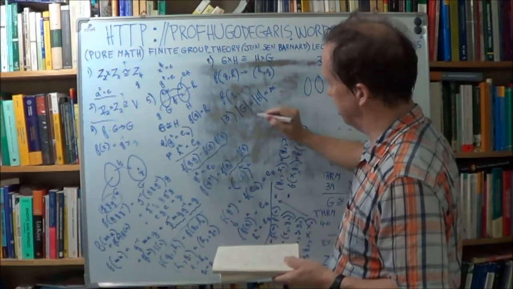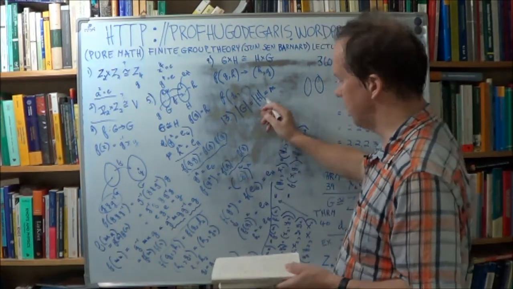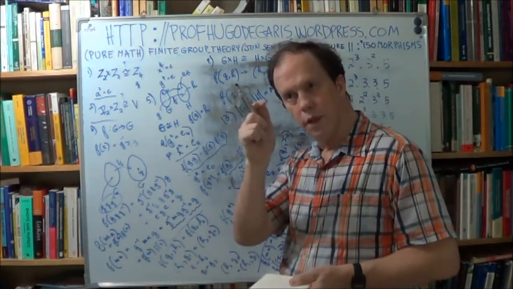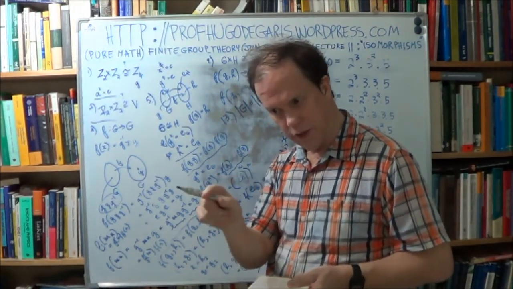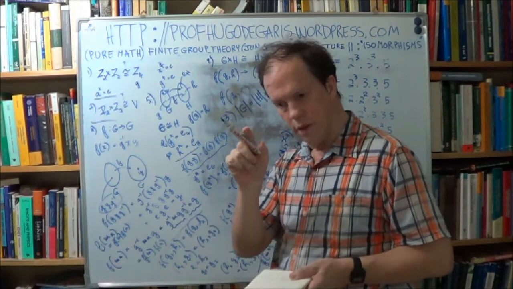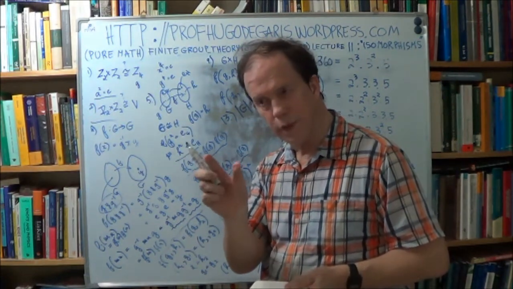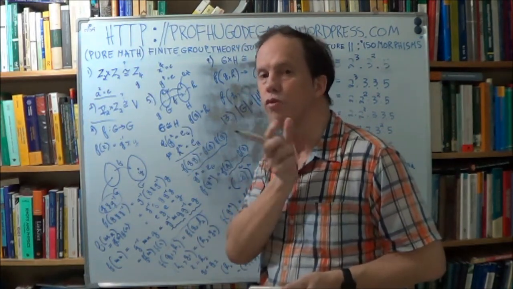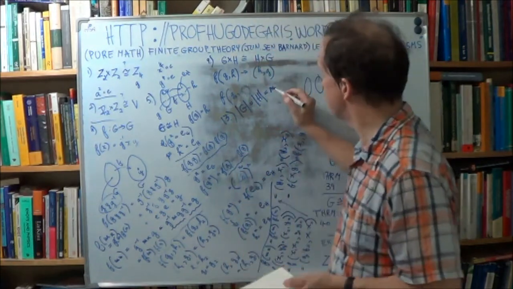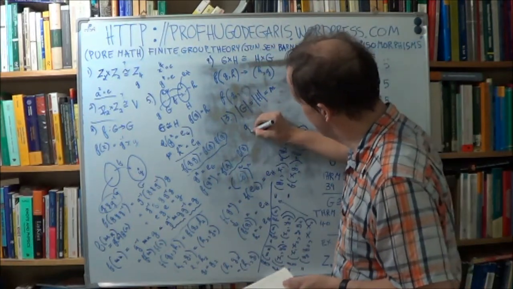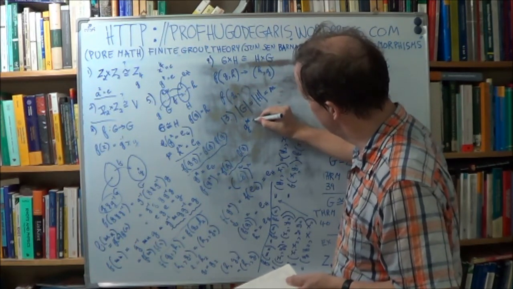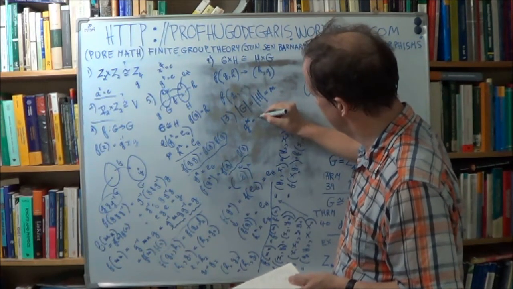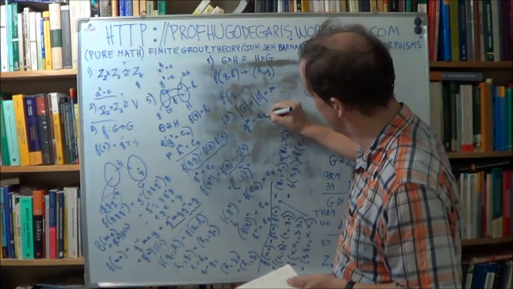So I'm using here the result that the order of the element that is the generator, that number, is equal to the size of the group. So let g be the generator of G. So g to the n is e_G.